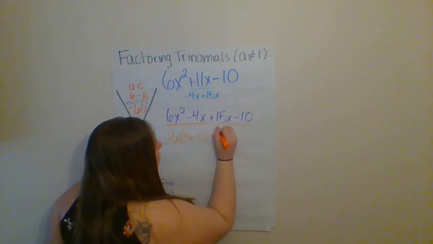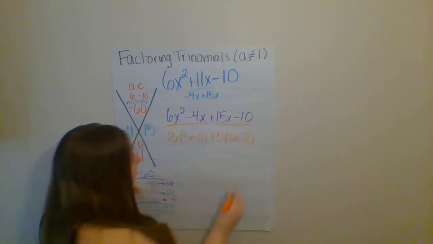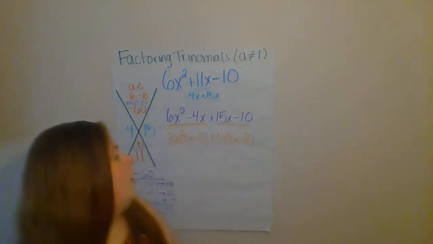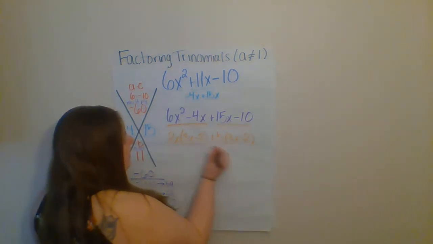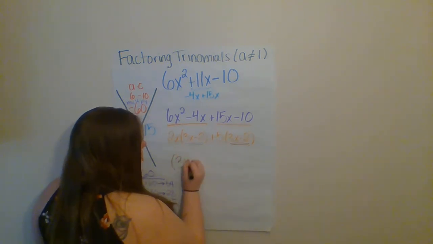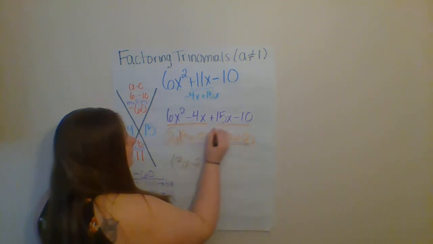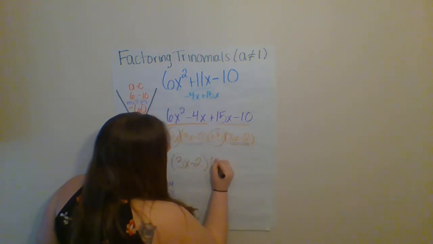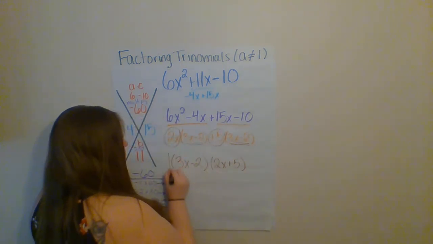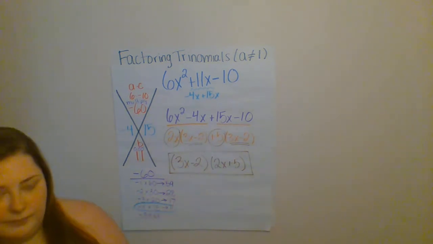That's going to become 5 times 3x minus 2. So now, we notice that we have this 3x minus 2 in common, so that comes first. And then we have 2x plus 5 left over, so that goes in our second set of parentheses. And that is our final answer.